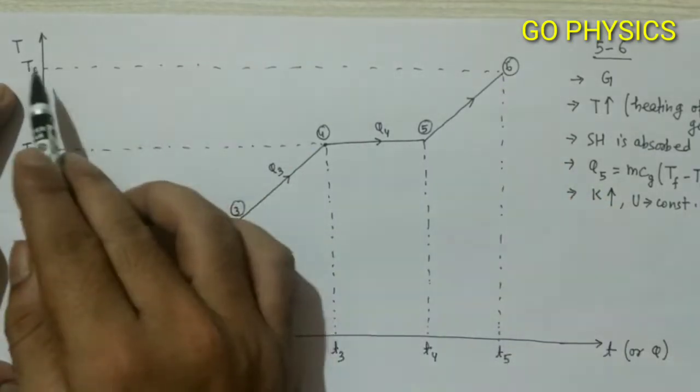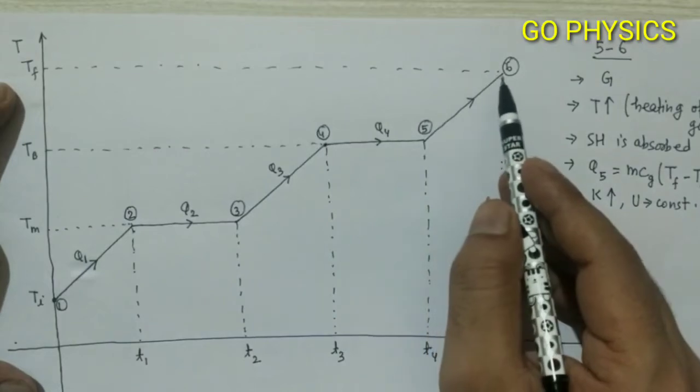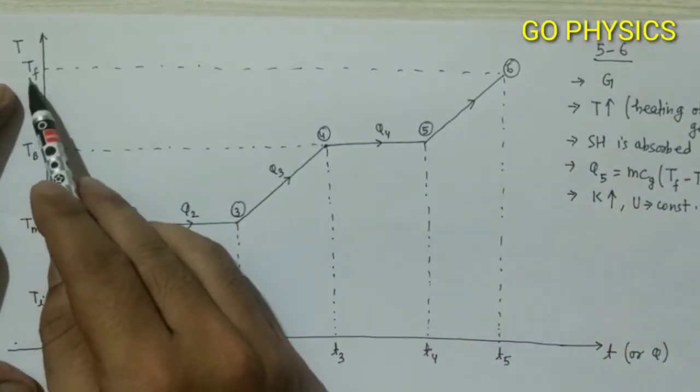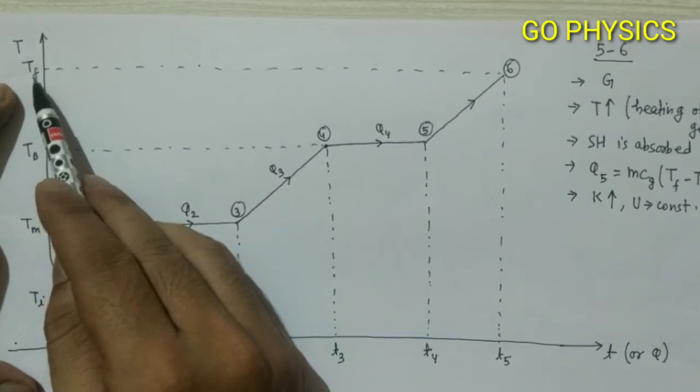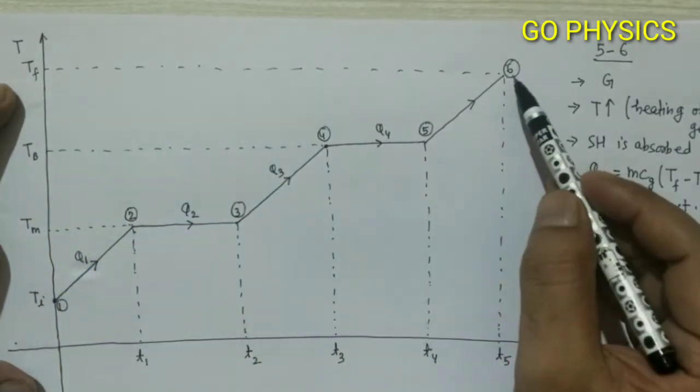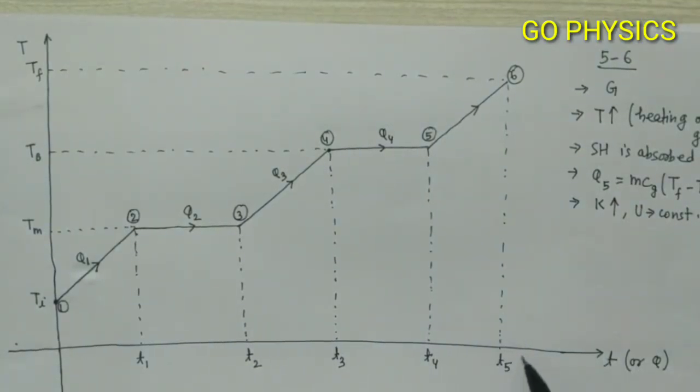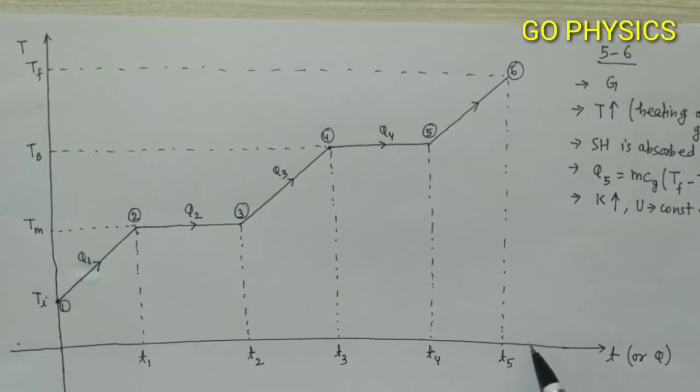Tf is the final temperature reached by the system at state 6, and T5 is the total time taken by the system to reach state 6.